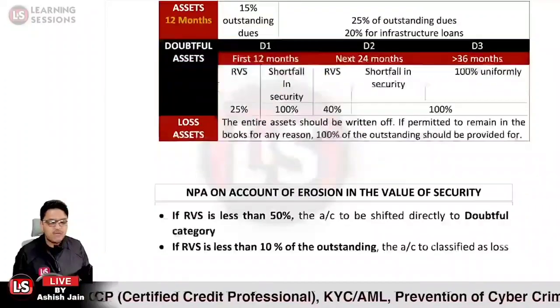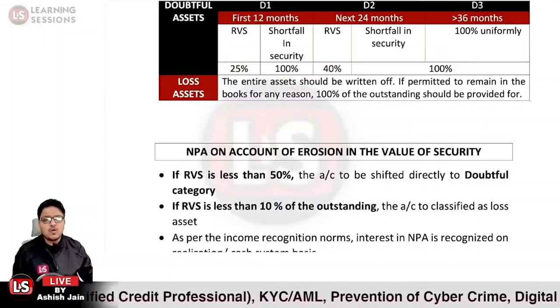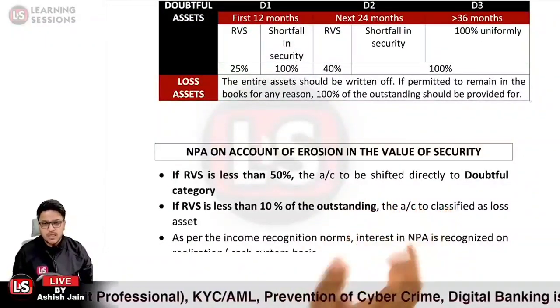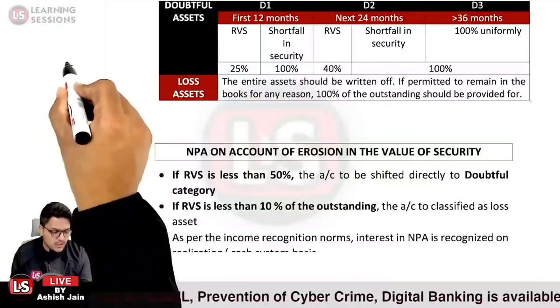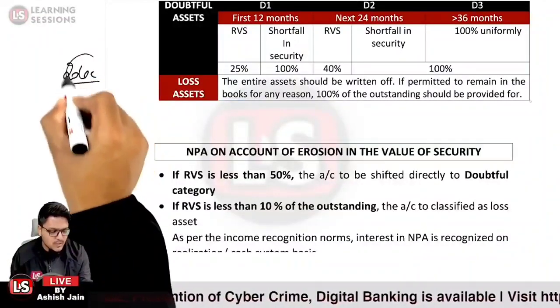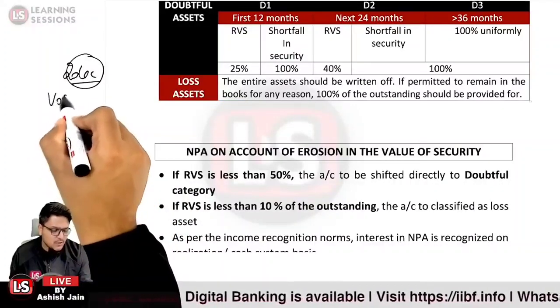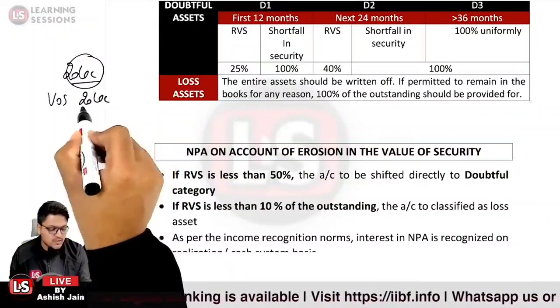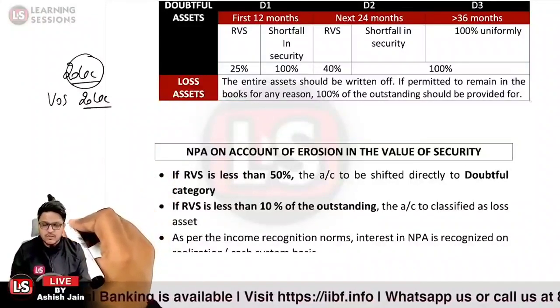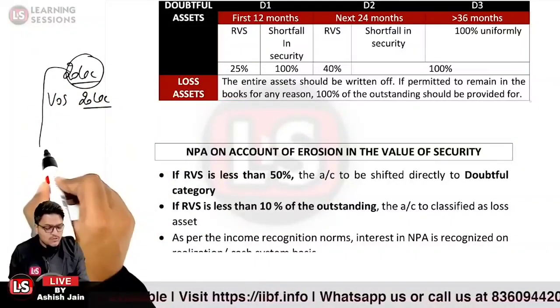Further, NPA on account of erosion in the value of security. Let us take the same case where a 20 lakh loan amount was sanctioned against a value of security amounting to rupees 20 lakh. At the time of sanction, 20 lakh of the value of security was available, but now there is erosion of security.